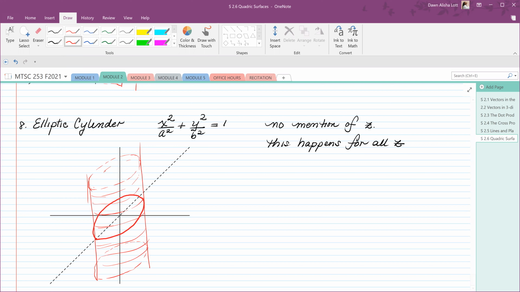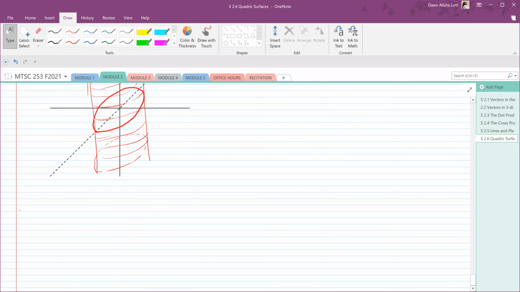And then the hyperbolic cylinder, wait a minute, that is number 9. So for the hyperbolic cylinder, it's x squared over a squared minus y squared over b squared is equal to 1.